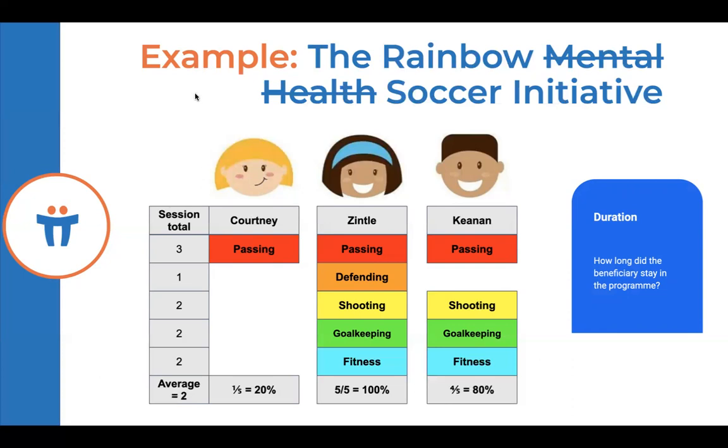Is it still engaging? Is it still beneficial to them? That for me would be the beneficial part of the duration of the program, and seeing whether the beneficiaries stay continuously throughout. Perfect. So that's a really crucial aspect of tracking duration. How long participants tend to stay in the program, is it still engaging for them? It's a really important point.